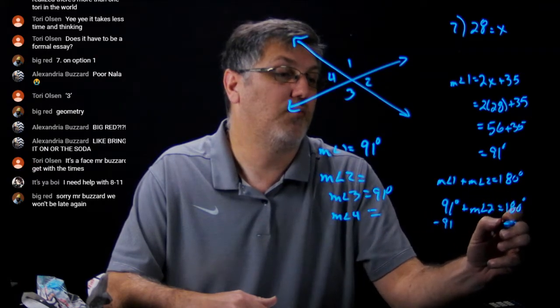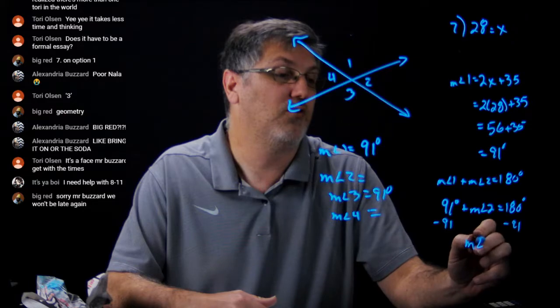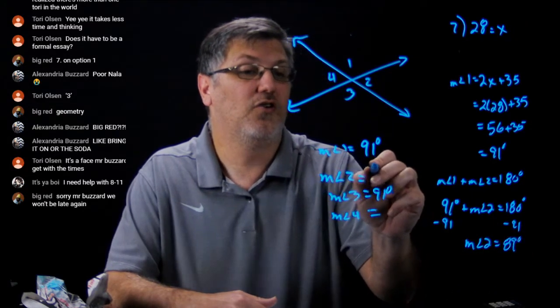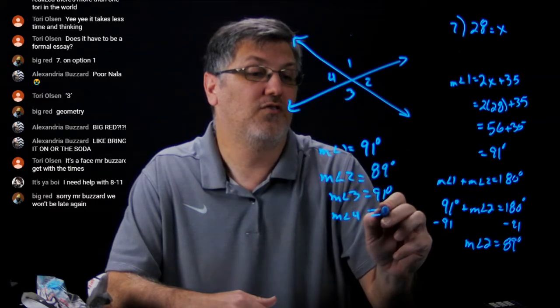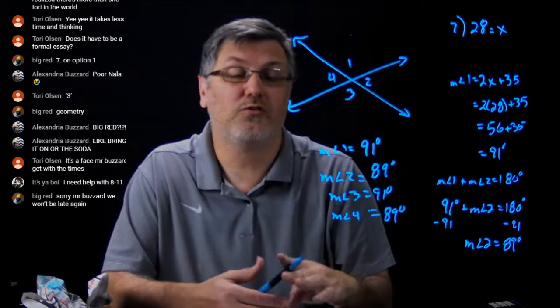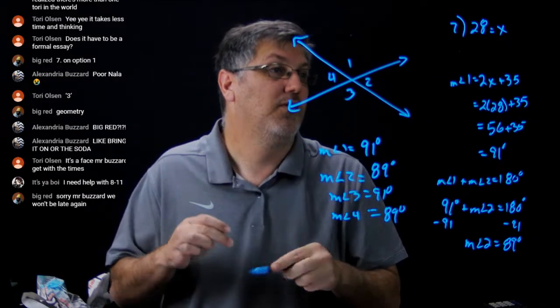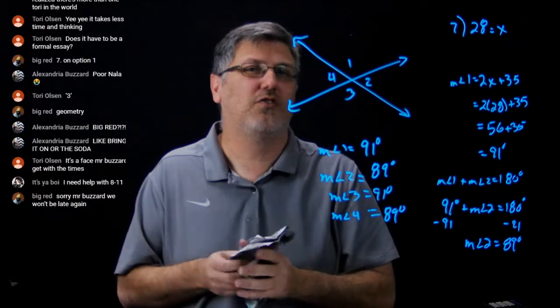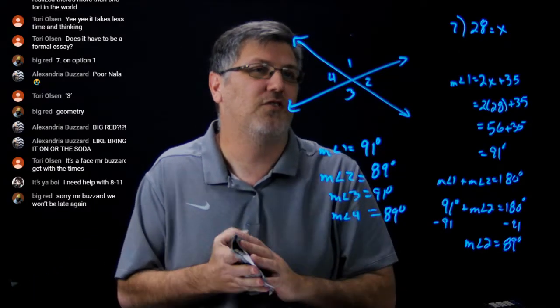Subtract my 91 from both sides, and I get the measure of angle 2 is 89 degrees. So 89 degrees for both of these. Because angle 2 and angle 4 are vertical angles, we know they're congruent. So there you go. Not a terrible problem. Just have to kind of think your way through it, know what's supplemental and linear pairs and vertical angles.